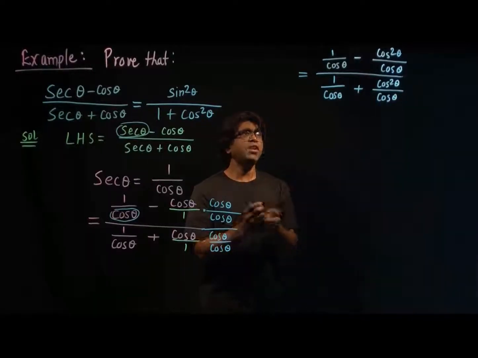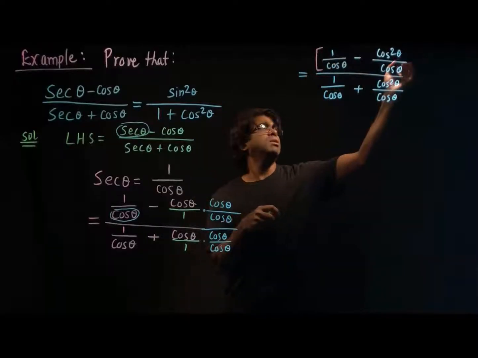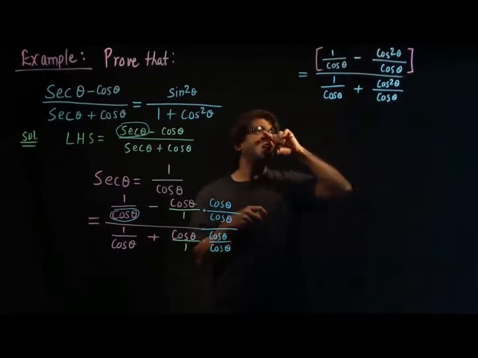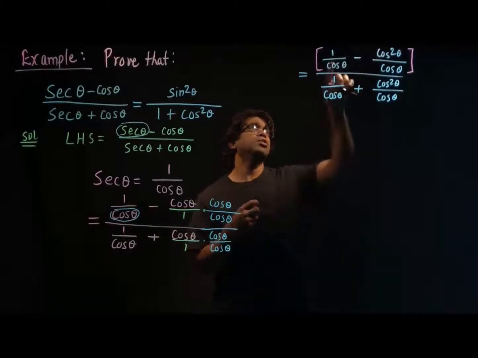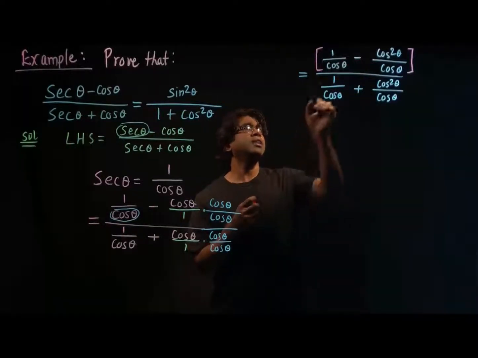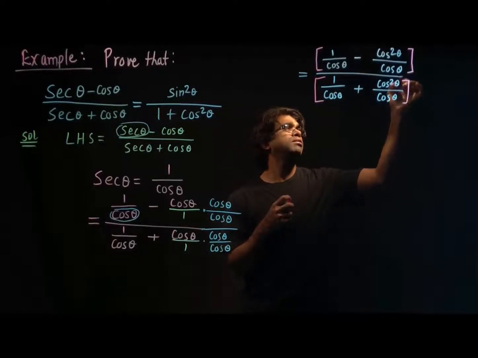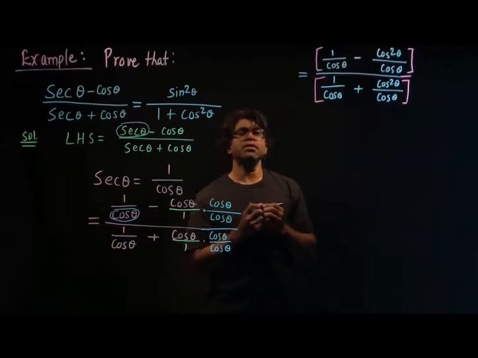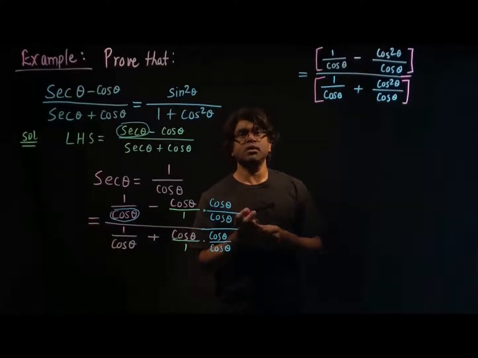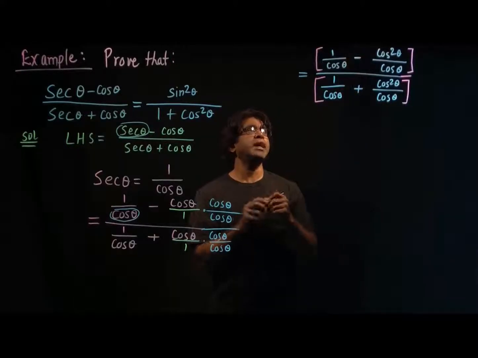Now, if you look at the numerator, you will see the denominator for the numerator expression is the same, both have cosine, so I can easily subtract. The same thing is true for the denominator term. I have cosine at the denominator, so I'm going to simply subtract and add.